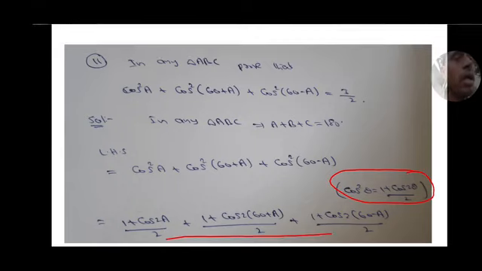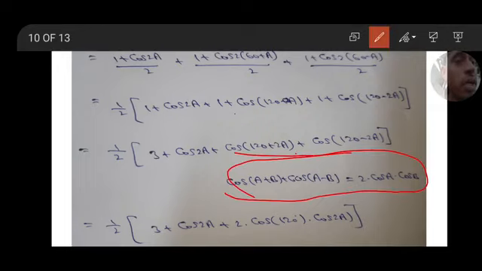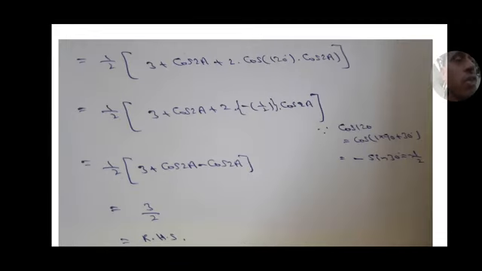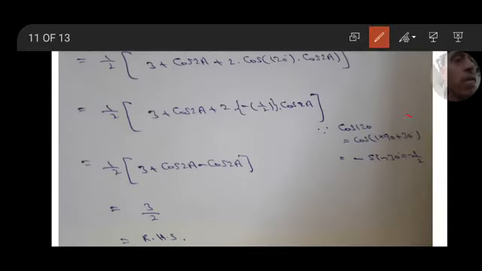Then it is of the form cos of (A plus B) plus cos of (A minus B), A equal to 120, B equal to 2a, that is 2 cos A cos B. And here we get 2 cos 120 into cos 2a, and we have to find the cos 120 value, which is minus 1 by 2. Substitute and simplify, we get the answer.